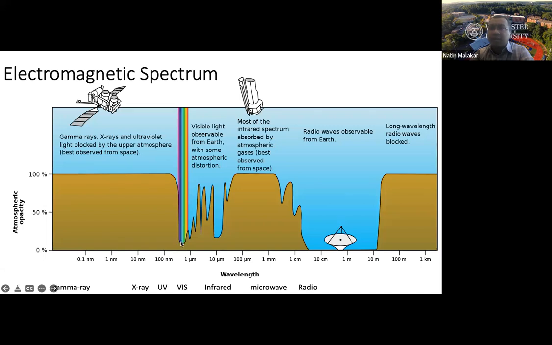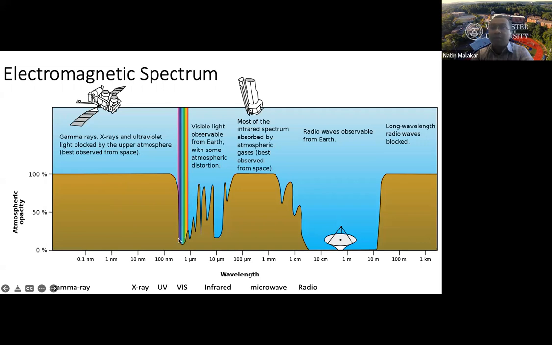And this is the reason that, for example, the opacity of our atmosphere is low for blue and green, right? And less for red. This is the reason that our planet looks like a blue planet, right? From space, whenever you look back, you see a blue planet, and this is the reason. The opacity for red is less.